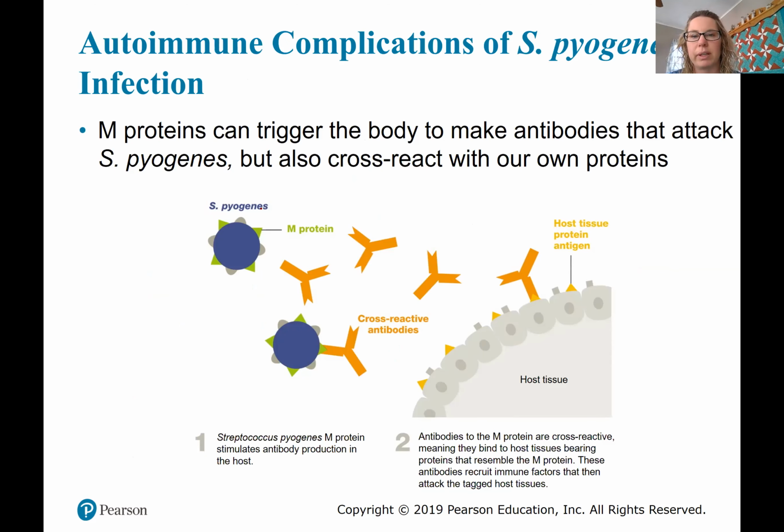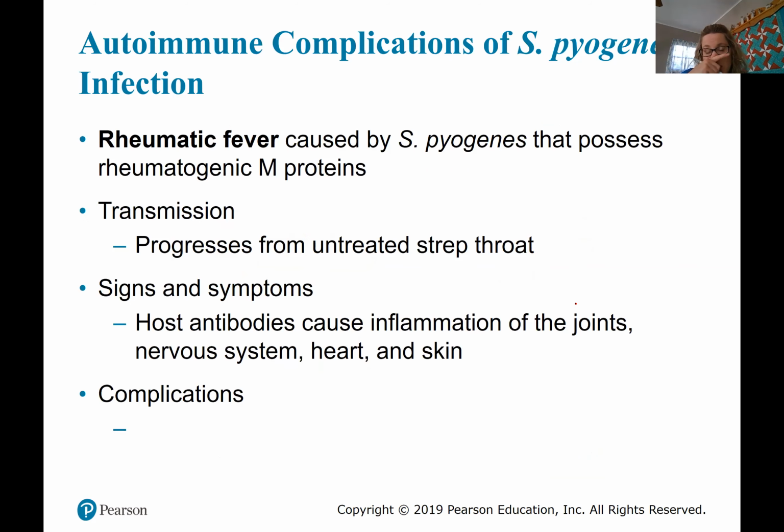There's another complication of Strep pyogenes, and that is rheumatic fever. Rheumatic fever is basically an autoimmune reaction where antibodies, remember our B cells, the humoral immune system, our antibodies are produced against Strep pyogenes, but the antibodies sometimes can cross-react, so we have the same triangle shape there with our own healthy cells, and that can cause rheumatic fever.